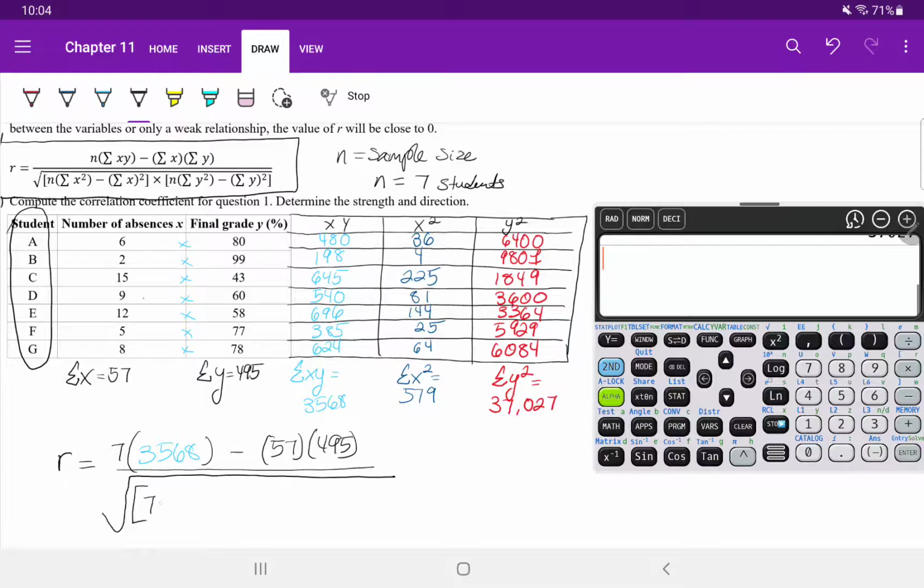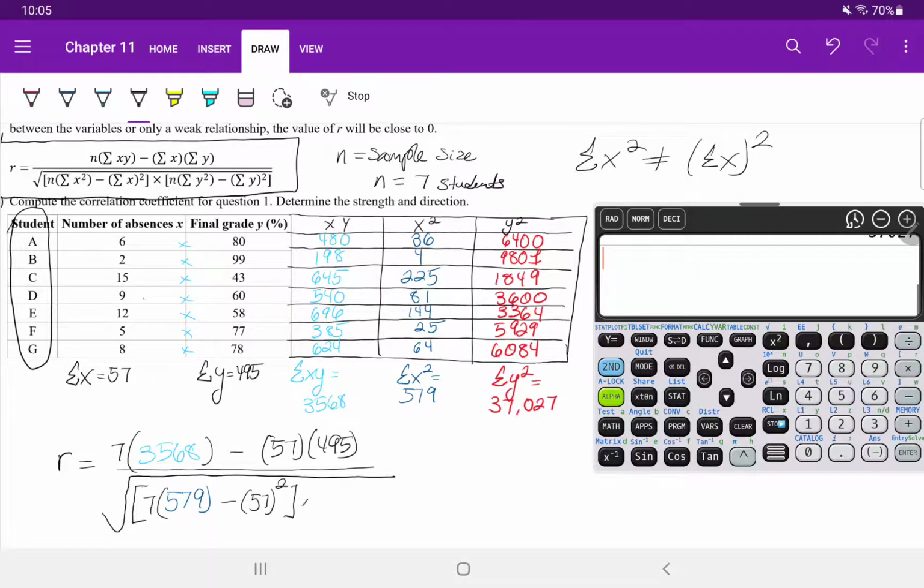So that's going to be 7 times the sum of the square of x, which is 579, and that's being subtracted by the sum of x, which is 57, and you're squaring that. Remember back to our measures of variation. The sum of the square of x is not the same as the sum of x, which is being squared. Not the same thing.